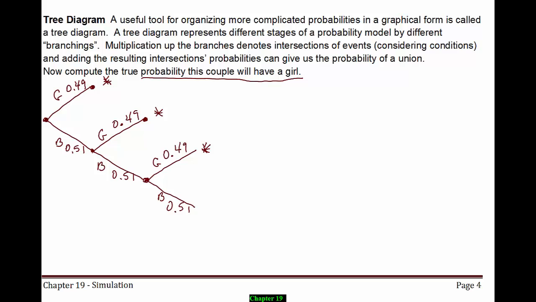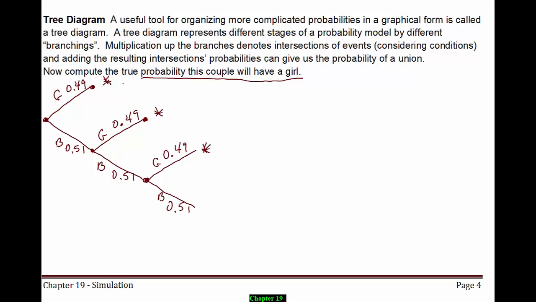Notice my use of the words or and. They can have a girl on the first birth, or have a boy on the first birth and a girl on the second, or have a boy on the first and a boy on the second and a girl on the third. We're going to use those when we compute our probabilities.